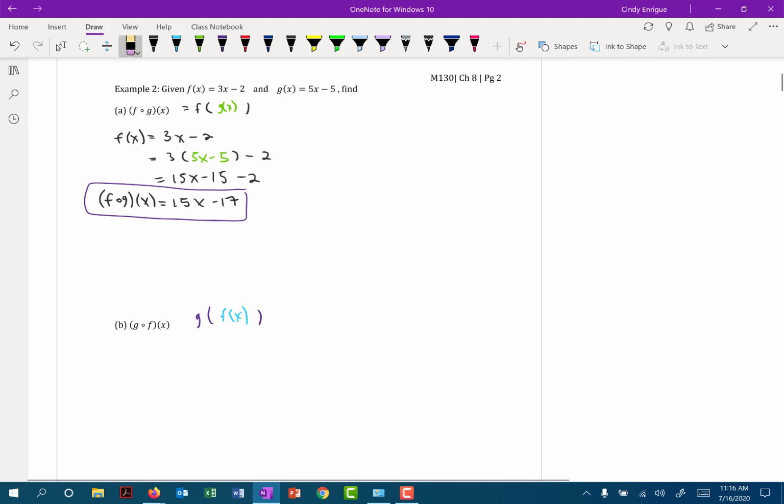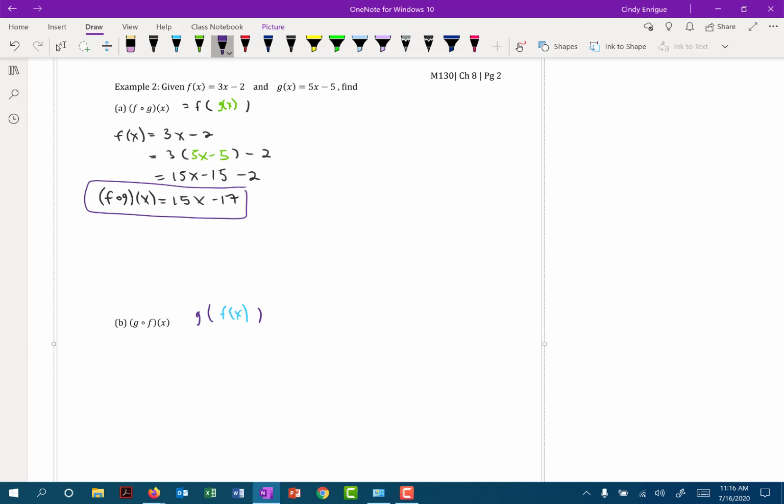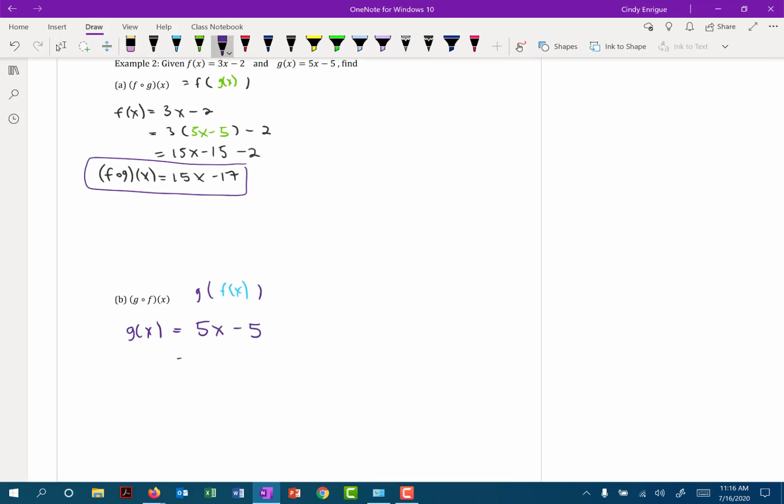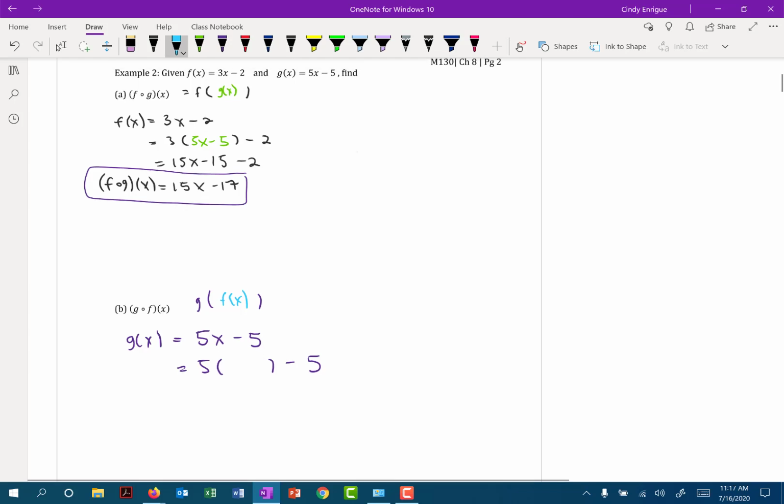So you're going to look at the top, remember our definition for f of x and g of x. So I have that my g of x function is equal to 5x minus 5. So now I am going to plug in for my x value. What I'm plugging in for my x value is going to be the entire function f of x. So here's my f of x. So that's a 3x minus 2 that I'm plugging in because that's my f function.